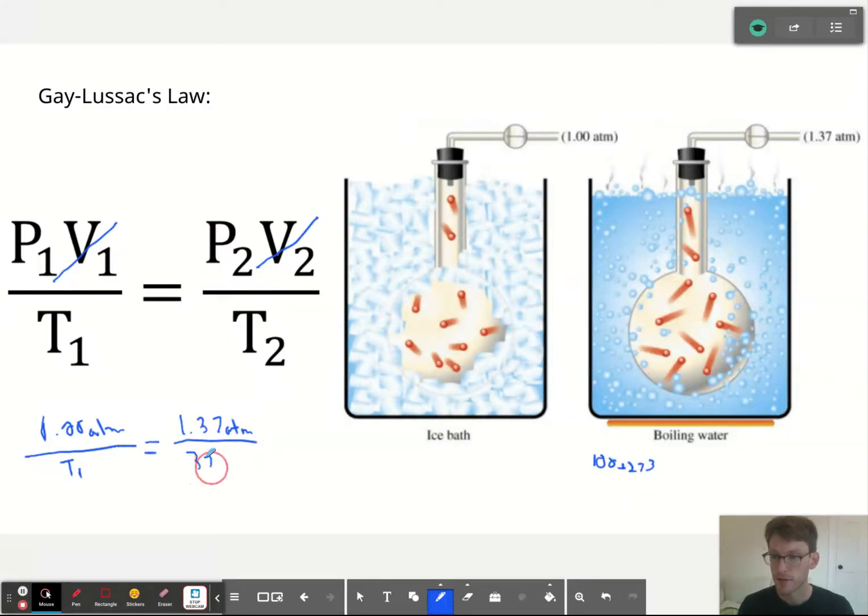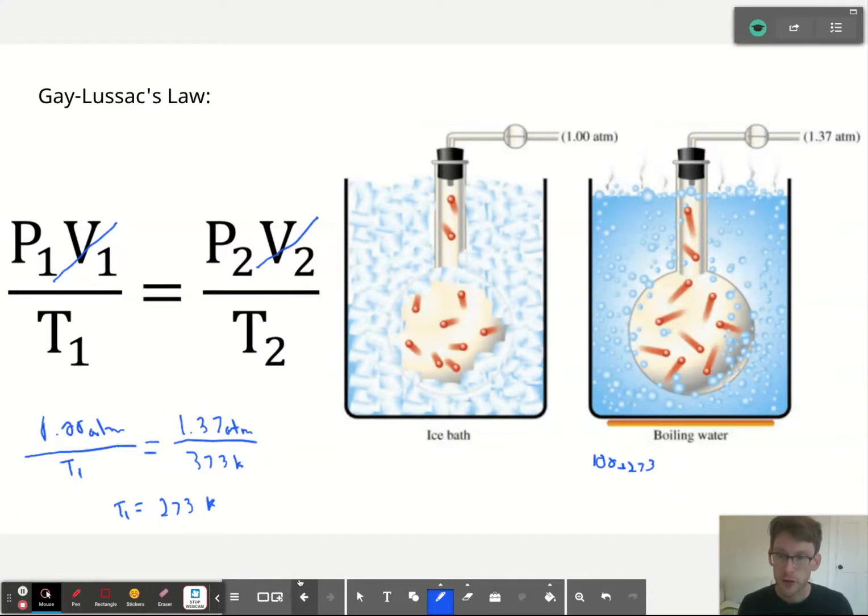If we do out the math, we find that our T1 is equal to 273 Kelvin, with 3 sig figs for the measurement. And of course, 273 Kelvin is 0 degrees Celsius, which is what you would expect from an ice bath.